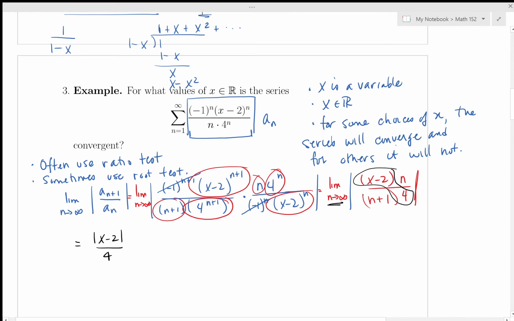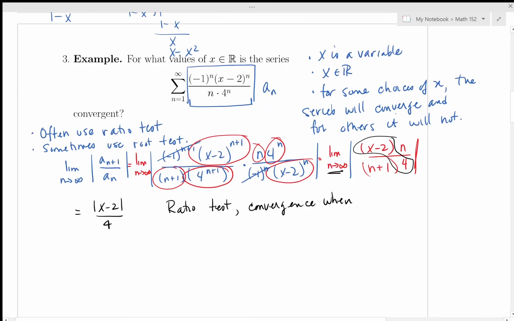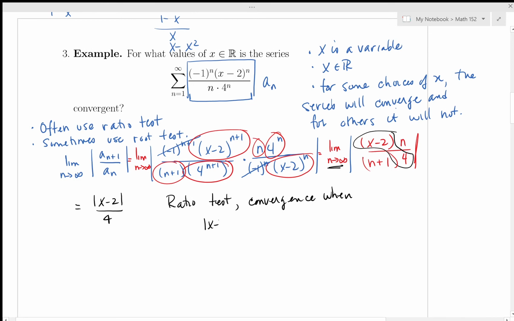And we know the ratio, so that's what we get when we take this limit. And we know that in the ratio test, convergence happens when this number is less than 1. So I'm just reminding you of that. Ratio test, we get convergence when this guy is less than 1.